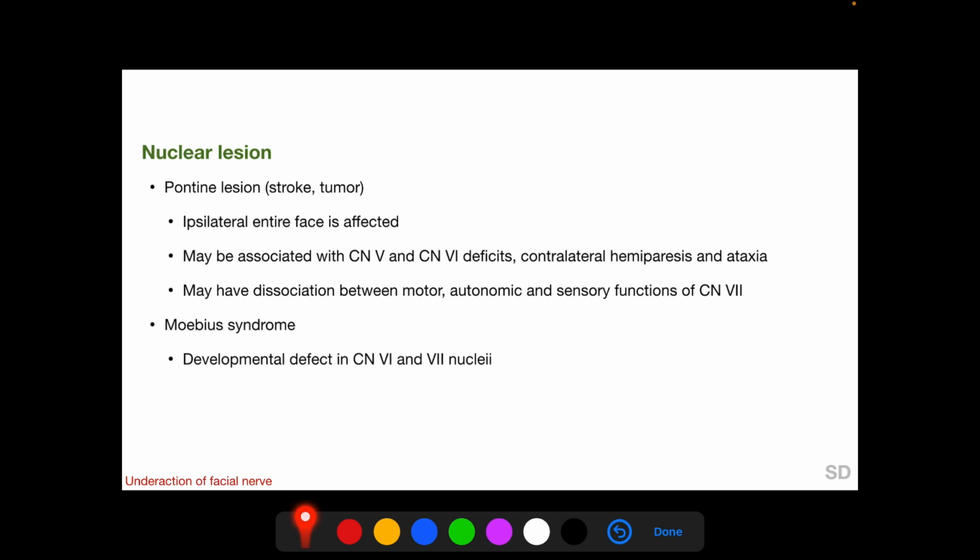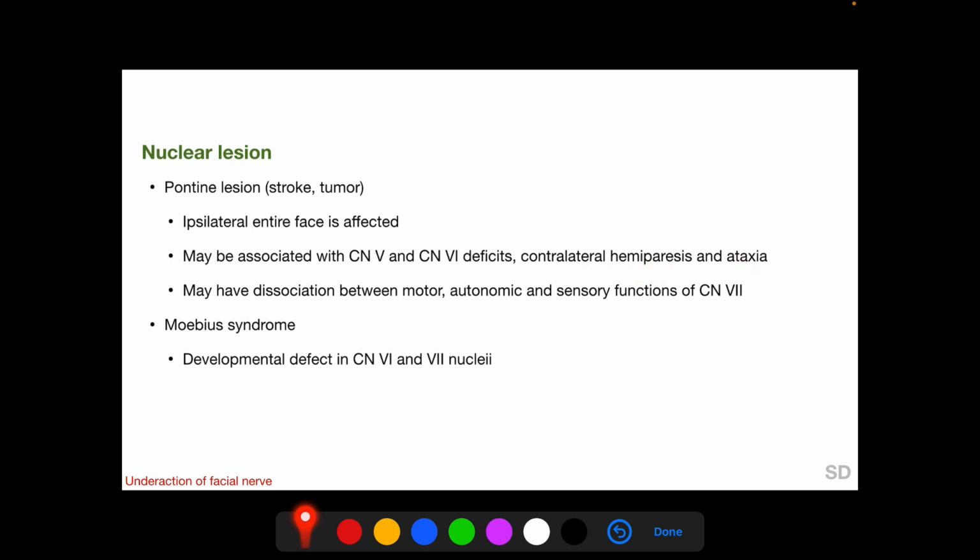And since the lesion may also affect other structures within the brainstem at the level of the pons, a nuclear facial nerve palsy may be associated with deficits of the fifth cranial nerve and the sixth cranial nerve, and can be associated with contralateral hemiparesis and ataxia.